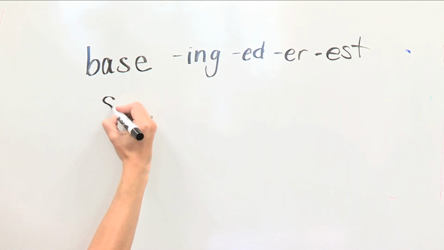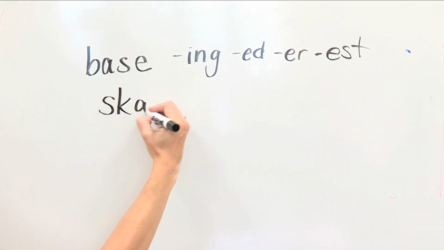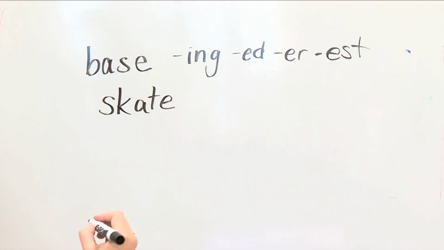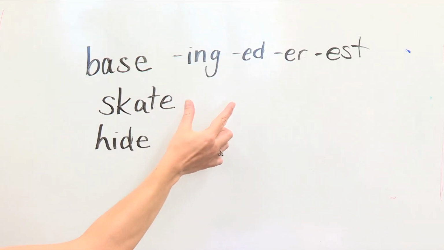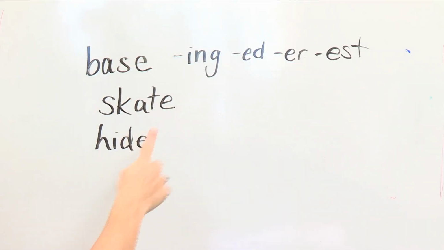We have the word skate. All right. Hide. So let's look at those really quick. With skate, if I want to say I am skating, I don't just add ing. I drop that e. But you need to be careful with that rule.